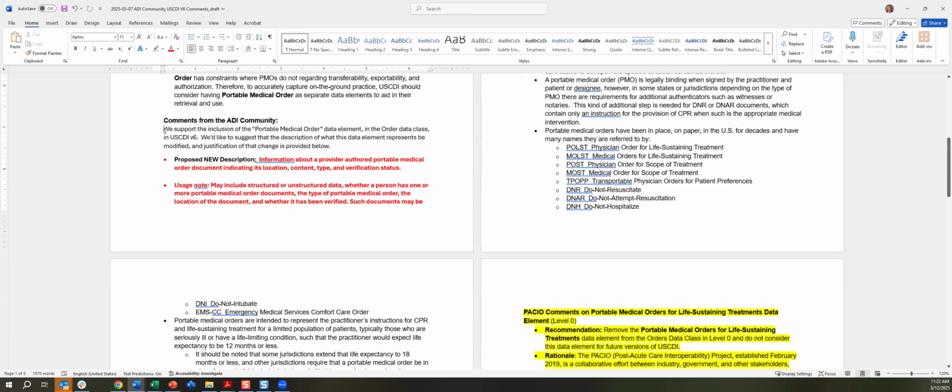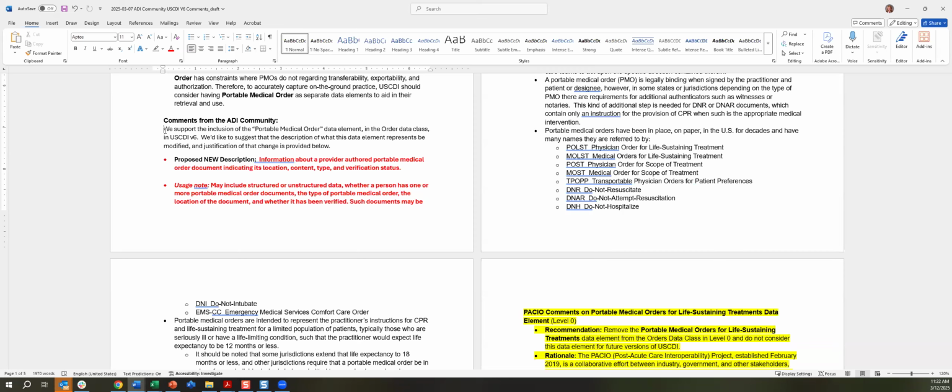So, what the bulk of this comment is going to be around: yes, we want you to promote the portable medical order data element. It's got to happen. I mean, if you'll move treatment intervention preferences and care experience preferences into play, surely you will move order panels that are sometimes 30 years old and well known and relied upon and well accepted, and can throttle back emergency medical services as the only instrument to changing the course of that particular healthcare journey.